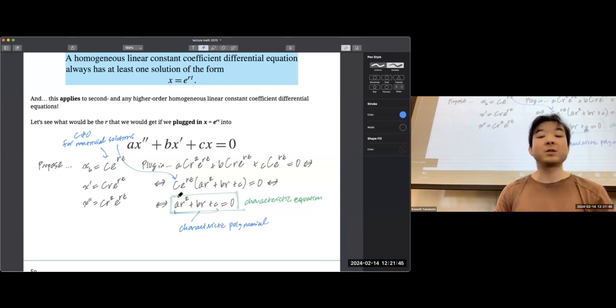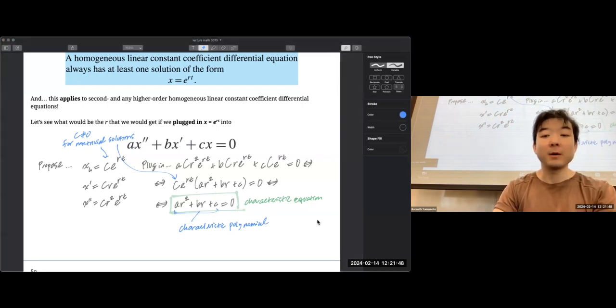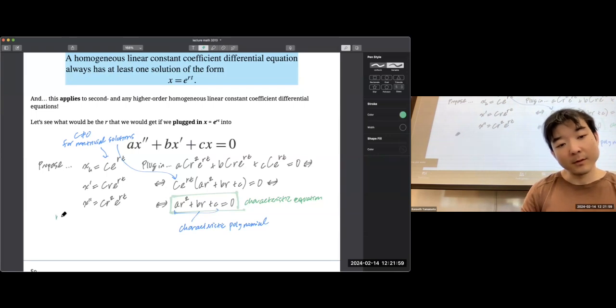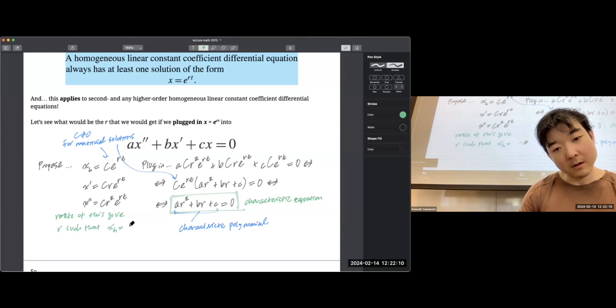And the equation is just because it has equals 0, but if you just looked at the left-hand parts. So the roots of this give r such that x equals c e to the rt is a homogeneous solution.